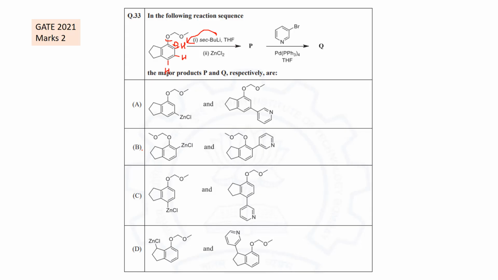So it will form this complex B, and when you add this Pd(PPh3)4 and this allyl pyridine bromide, it will undergo the Negishi coupling, and there is a formation of a new carbon-carbon bond. So the correct option is option B.